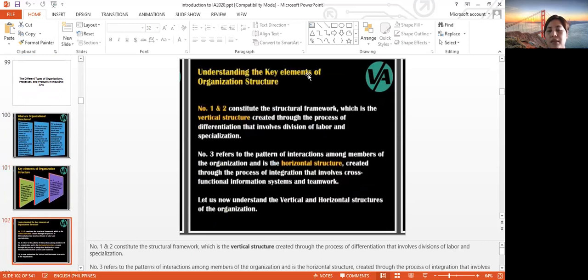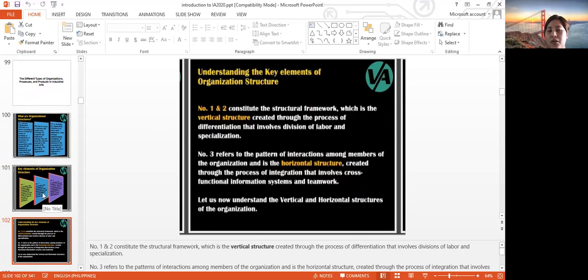Okay, so understanding the key elements of organizational structure, number one and two constitute the structural framework, which is the vertical structure created through the process of differentiation that involves division of labor and specialization.